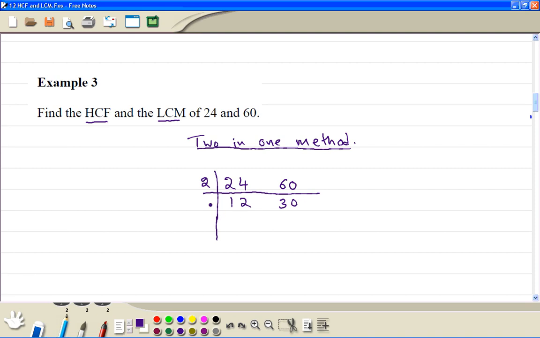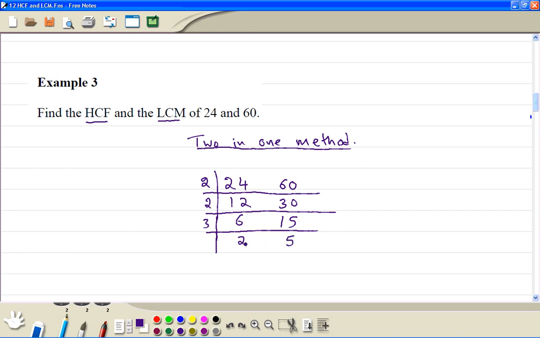Again the numbers are even, so we divide by 2 again. 6, half of 30 is 15. Now 2 we stop, now 3 we can divide both numbers, so 6 divided by 3 is 2, 15 divided by 3 is 5.